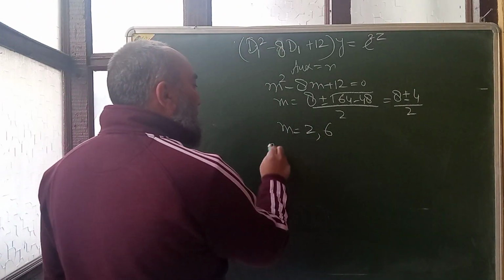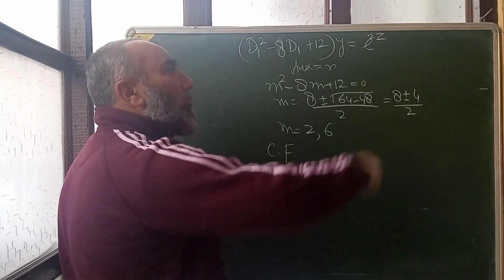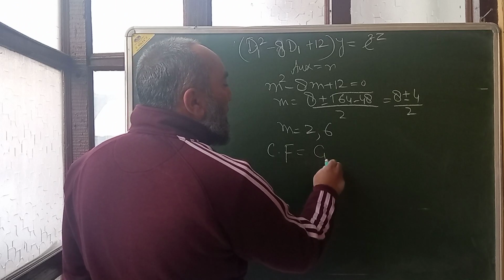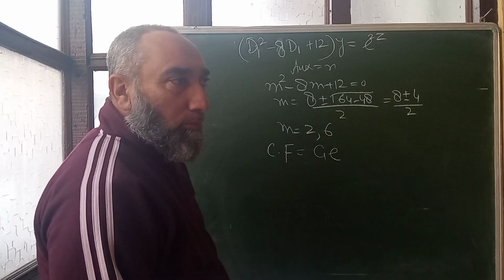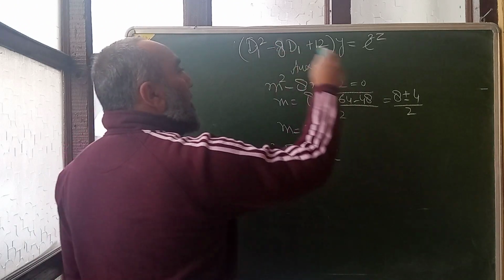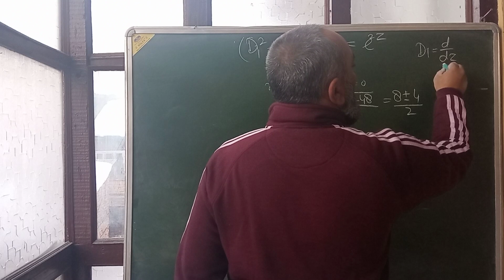So the complementary function is, that's why I have taken it, otherwise you could have done it on your own. Complementary function is c1 e to the power 2z, z because your D1 is d by dz, not x.